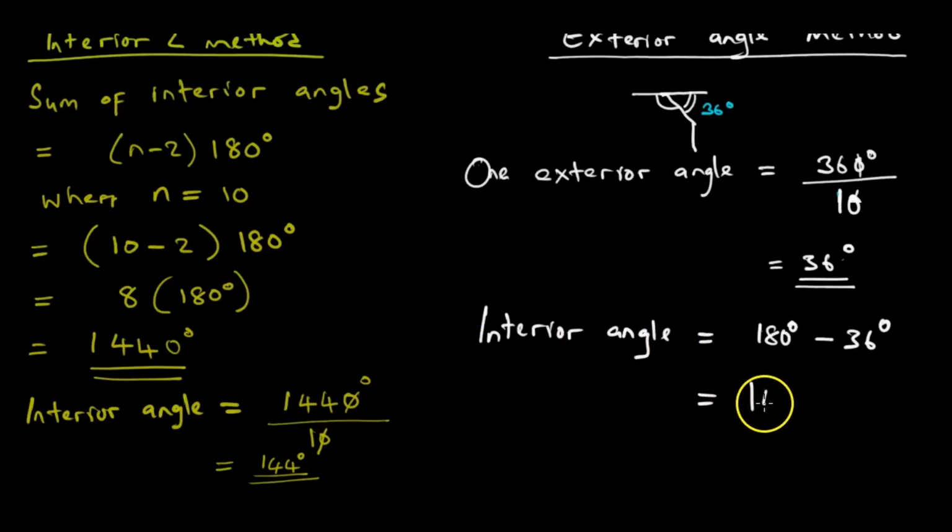And as you can see, this 144 degrees is the same answer as yatawana panapa. Saka this is the answer we are getting. So as you can see, the exterior angle method, it takes you directly to the answer. The interior angle method, inoita senge yatenderera newo zvishoma, but takes you to the answer.